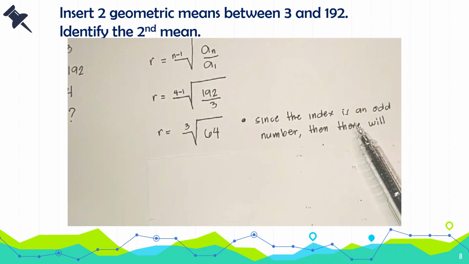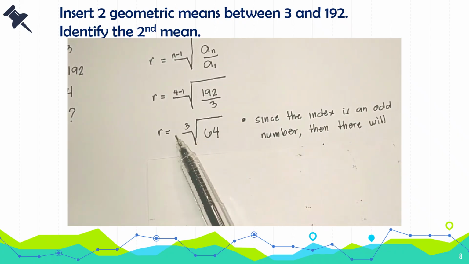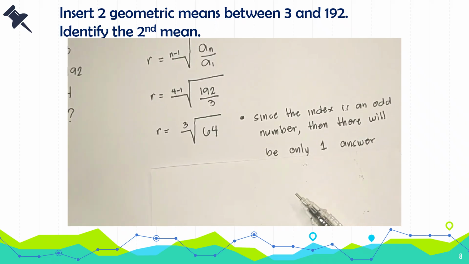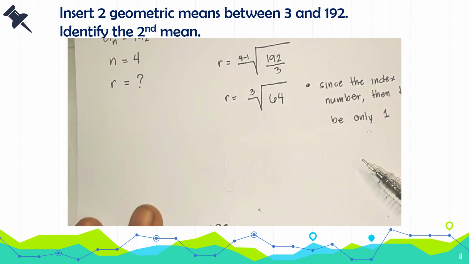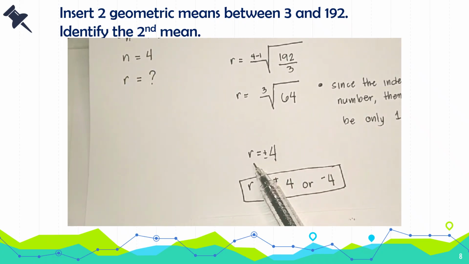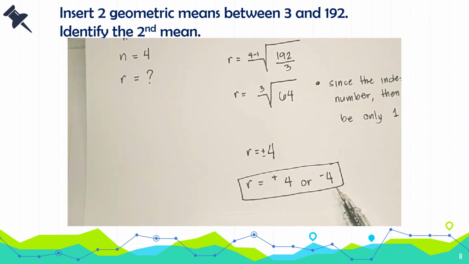Since the index is an odd number, that is 3, then there will be only one answer in this problem. By simplifying, we will have r is equal to 4.